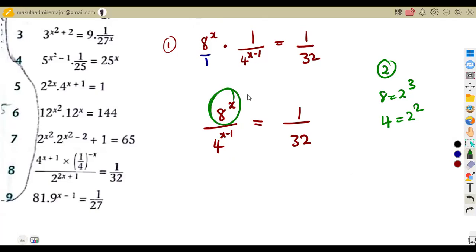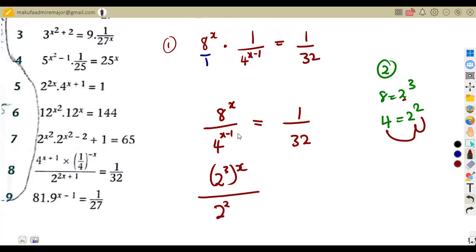So that means here, in place of this 8 to the exponent of x, we are going to have this in the base of what? 2. That is 2 to the exponent of 3, but being raised to the exponent of what? To the exponent of x. Already there's an exponent that we are given of x. All right, which is the same thing as this 4 here. In the base of 2, we said 4 is the same as what? 2 to the exponent of 2. But already there's an exponent that you are given there.